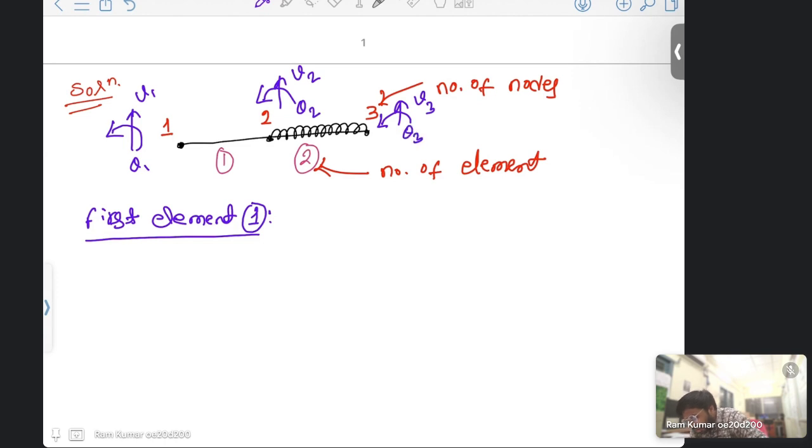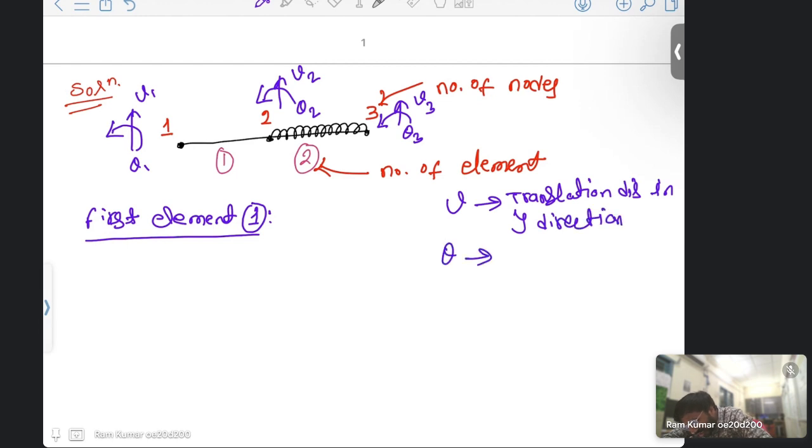What is v? It is the vertical or translation displacement in the y direction. Then theta is the rotation about the z direction.